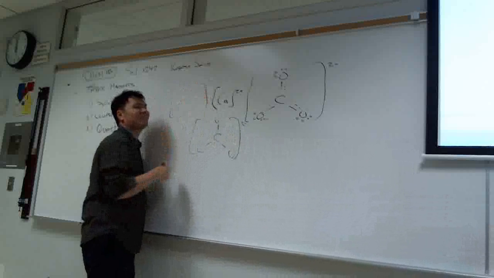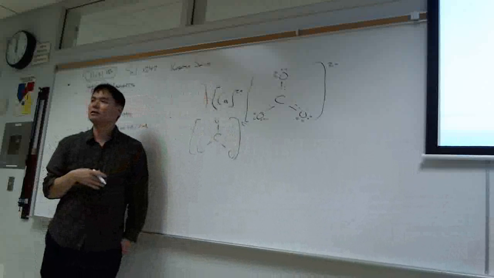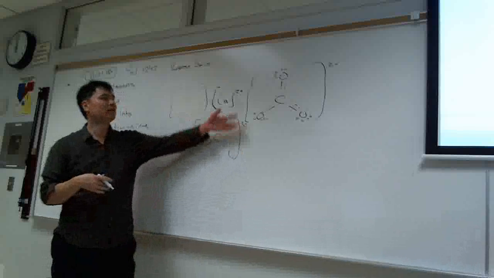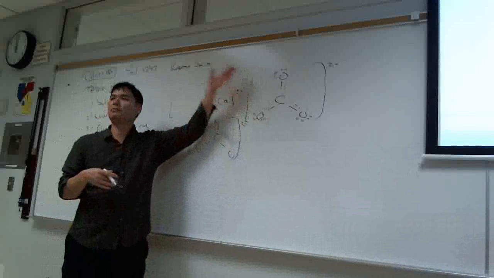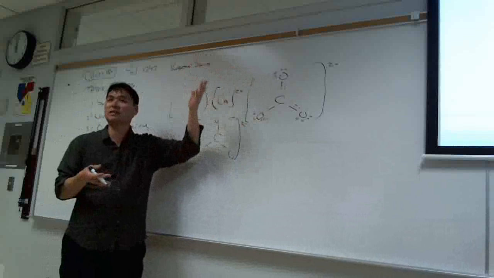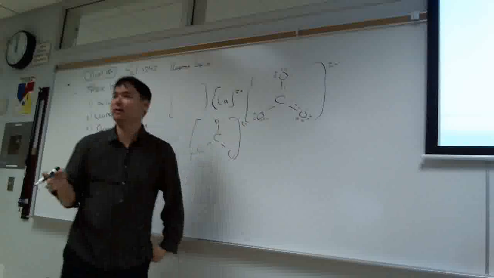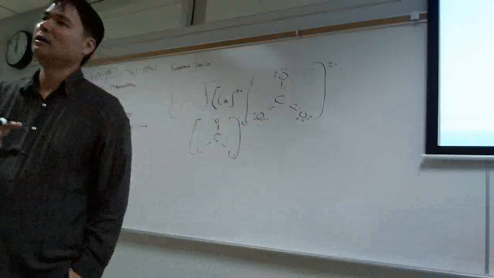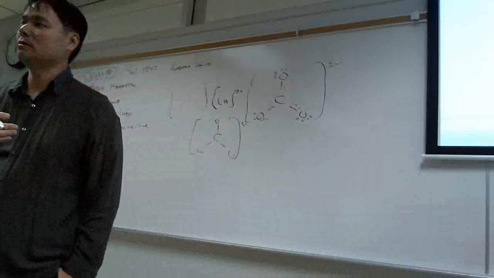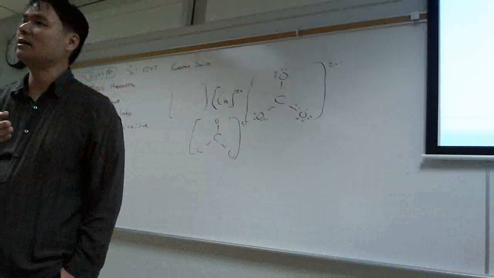How many carbonates do you think I could fit around this? Well, maybe 4 in the plane, and then maybe 1 on top and 1 below, maybe 6. But I'd know the number if I knew what we call the crystal structure or the crystal lattice.